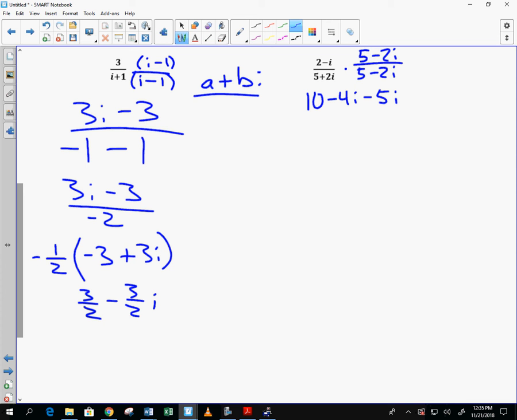Negative i times -2i, plus 2i squared. Heard you say -2. You're absolutely right. But I'm going to take my time because I know I make mistakes when I do this stuff. So I'm going to try to make sure I get this one right. 5 times 5, 25. And then the middles go away, and I end up with -4i squared.